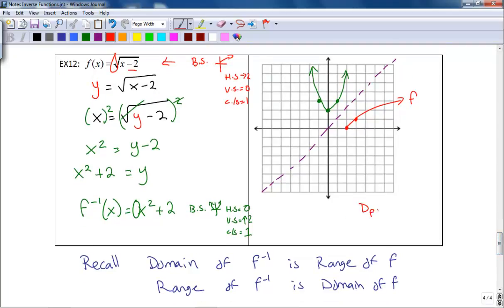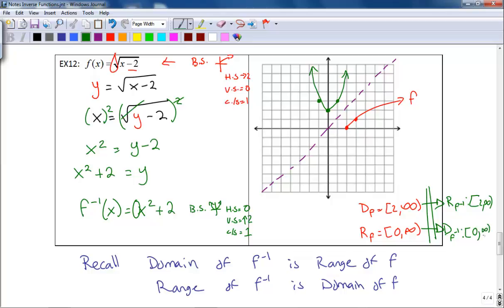The domain of f, the furthest left I go is 2, and then I'm off to positive infinity. What about the range of f? The smallest I am is 0 on my y-axis, then I'm going up to positive infinity. That means that the range of f inverse has to be from 2 to positive infinity, and the domain of f inverse has to be from 0 to positive infinity.